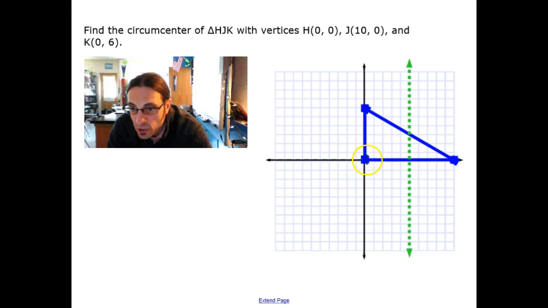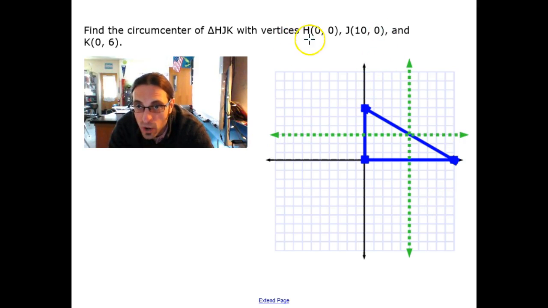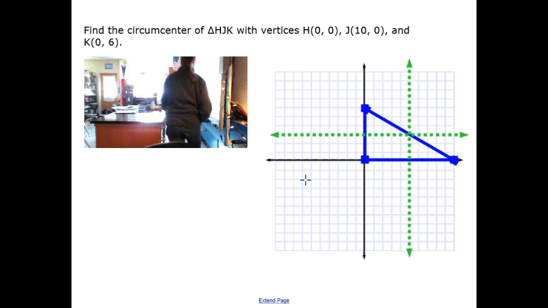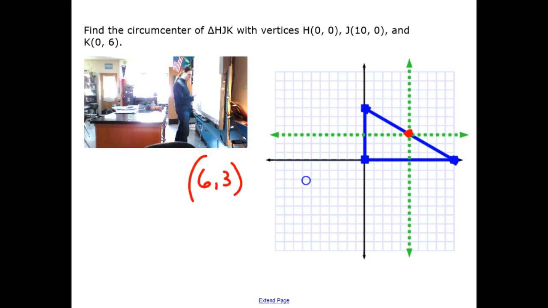And the same thing is true with this vertical one here. 1, 2, 3, 4, 5, 6. It's 6. So halfway between 0 and 6 is 3. And guess what? I now know that that point right here is the circumcenter. In fact, I'll just show you something real quick. So this point, the circumcenter is (5, 3).